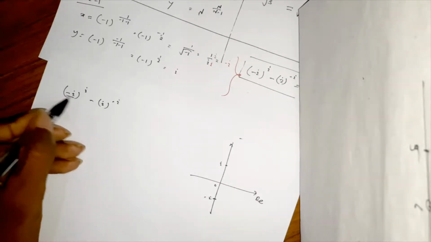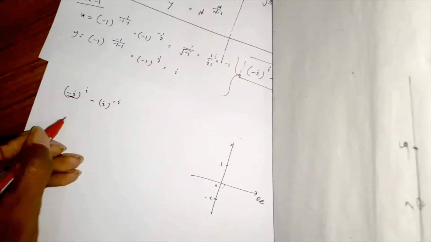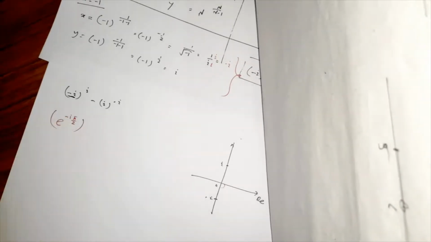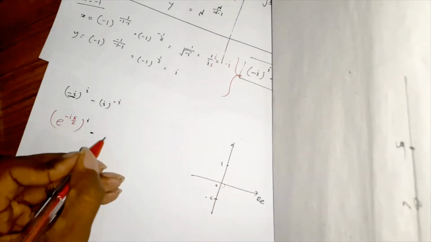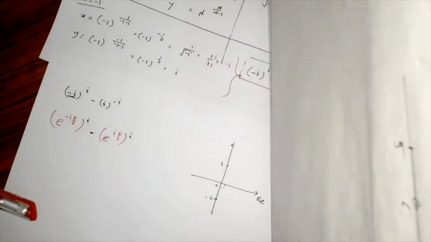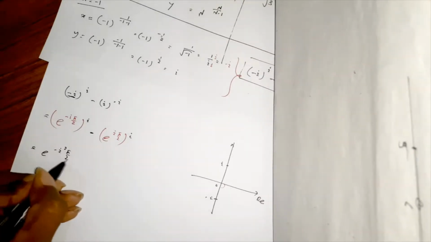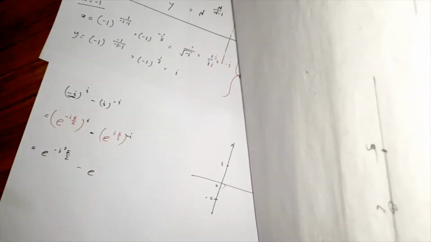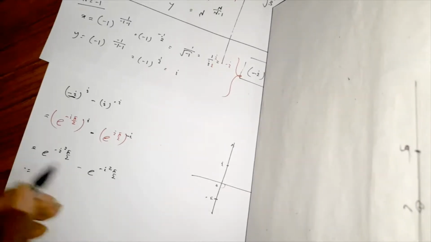Minus i can be written as e to the power of a negative angle, minus i pi over 2. So minus i to the power i is e to the power minus i pi over 2, to the power i, and we can see these terms are equal.